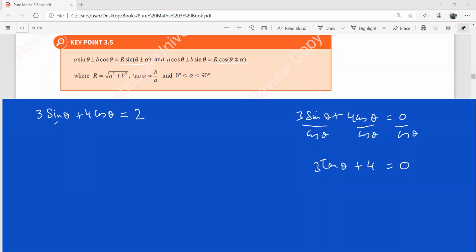See what will happen here. If you divide this by cos theta, this will become 3 tan theta plus 4 equal to 2 secant theta. We might have accepted this if there was a square on this tan, but now again there are two trigonometrical ratios, but we want just one of them.